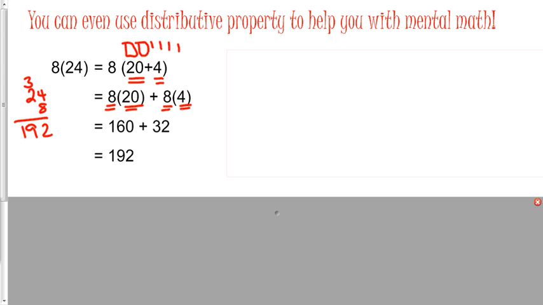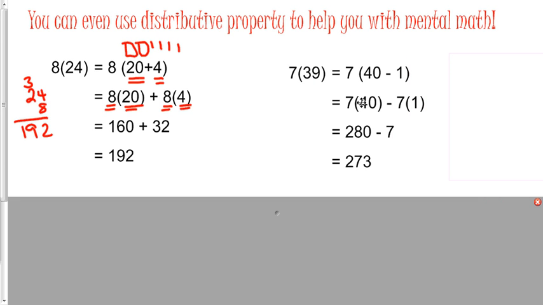Notice that I can do this even with some that look a little bit more complex, like 7 times 39. I don't have to say that 39 is 30 plus 9. I'm going to think of it as 40 minus 1. Or in other words, I go to the clerk and I give them $40 for this item, and they're going to give me back $1.